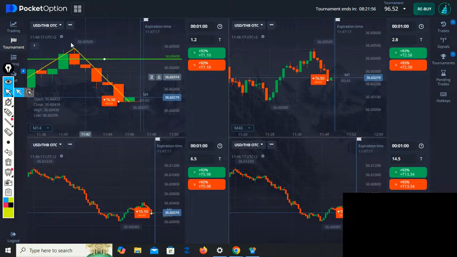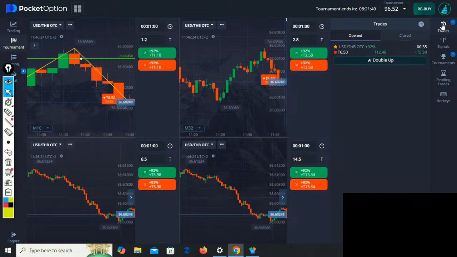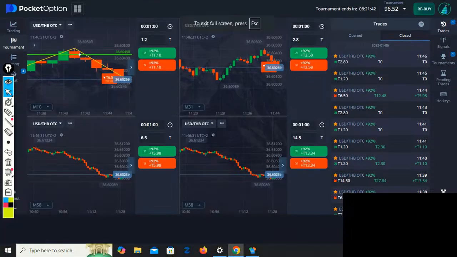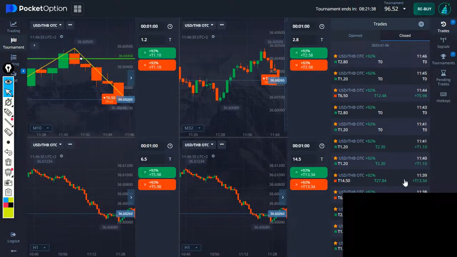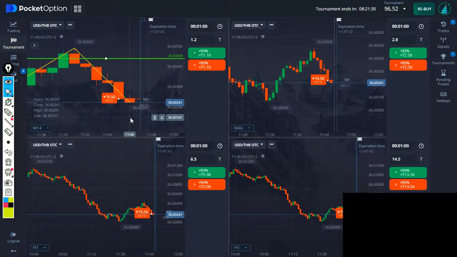If you win this one, I'll change the pair. So we've been trading for, let me see, I started at 11:34, so around 30 minutes on this pair, so it's time to change. Beautiful, keep going.